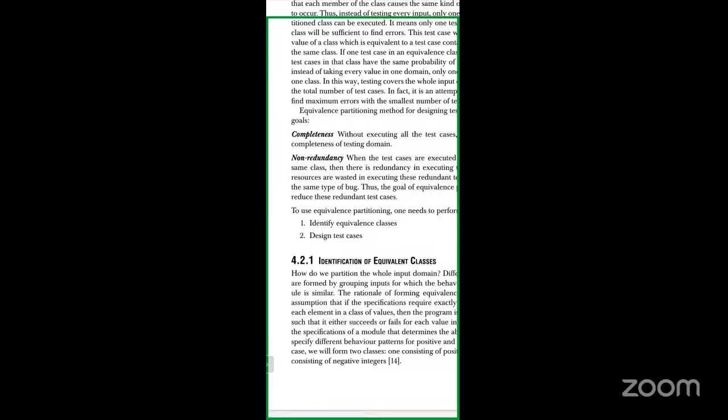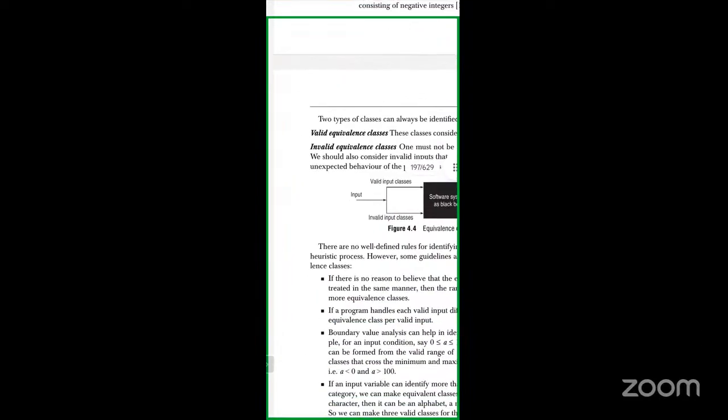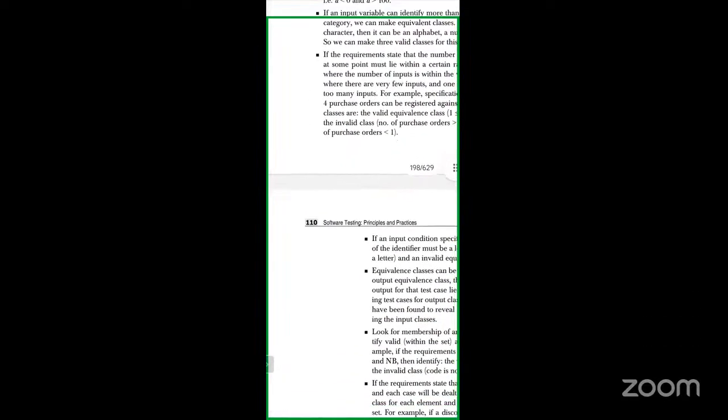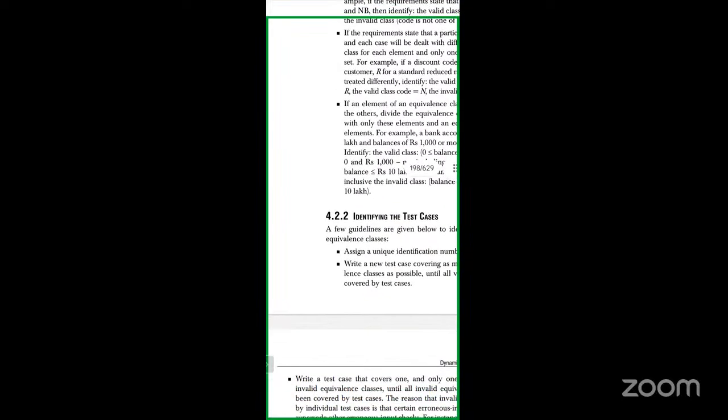For identification of equivalent classes, we are going to have a set of rules. Then we check whether it is a valid or invalid equivalent class. If it is valid, then we again perform the test cases, that is, assigning the values and going for the testing. Okay.